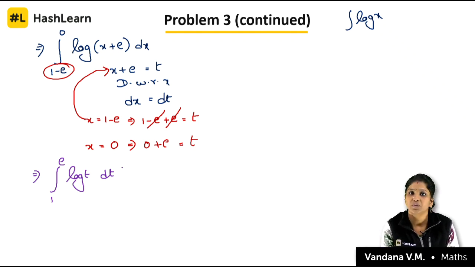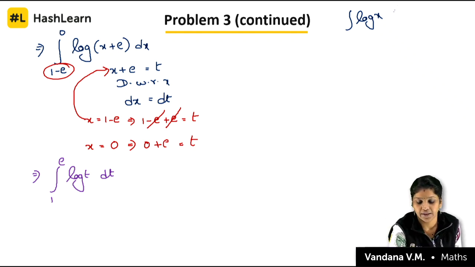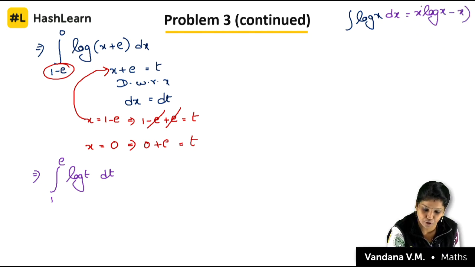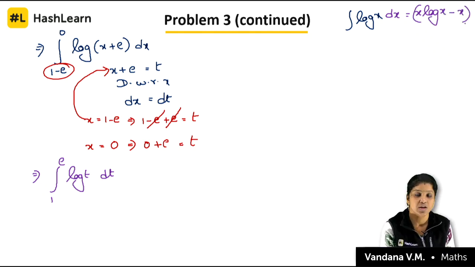Fine. So, how to integrate? If you know the formula for the integral of log x dx using by parts, it is x log x minus x. You can use the formula, otherwise use by parts with u into v.